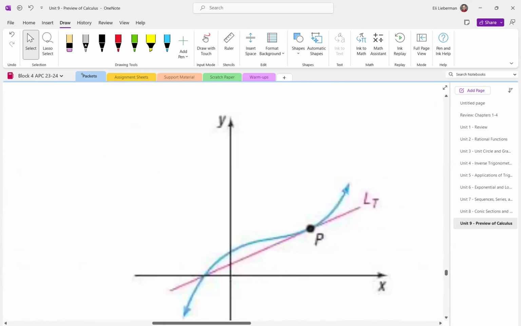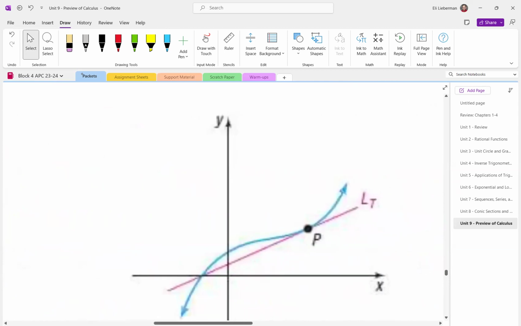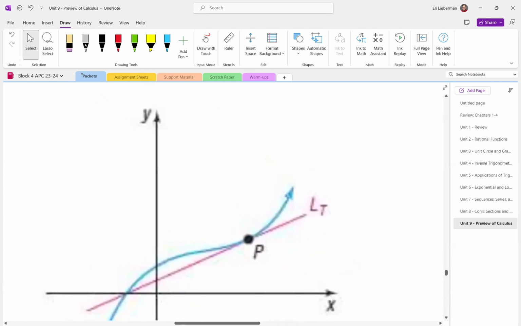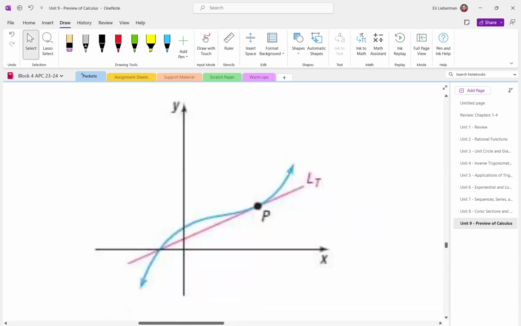A tangent line would be more like this, if we're looking for a line that's tangent at the point P. Even though that line actually crosses through the function at 2 different points, this line is said to be tangent to this function at point P. So we're going to learn today how to find the slope of this tangent line with 1 point. But notice, it's not just a random line floating through space. It's a line that is tangent to this function.